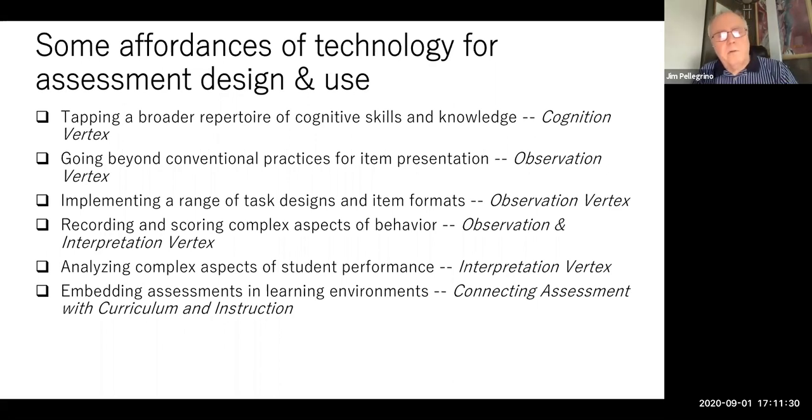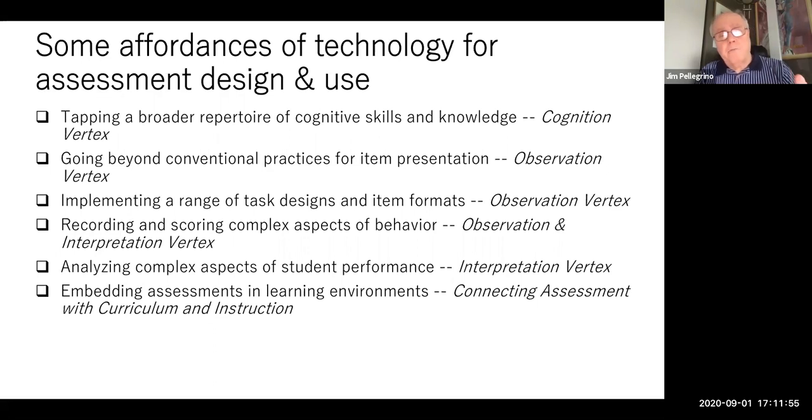So here I've listed a few. Technology allows us to tap a broader repertoire of cognitive skills and knowledge. It allows us to go beyond conventional practices for item presentation, as often dictated by pencil and paper tests. It allows us to implement a range of different kinds of task designs and item formats.